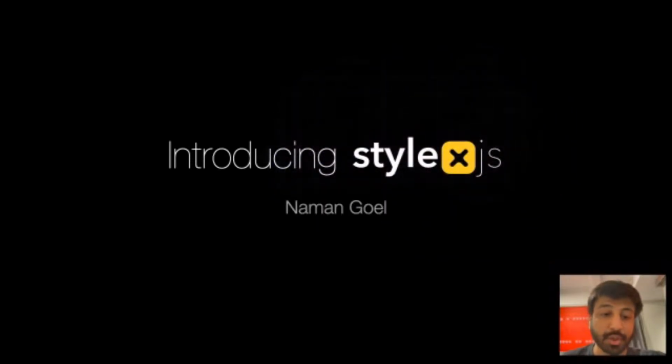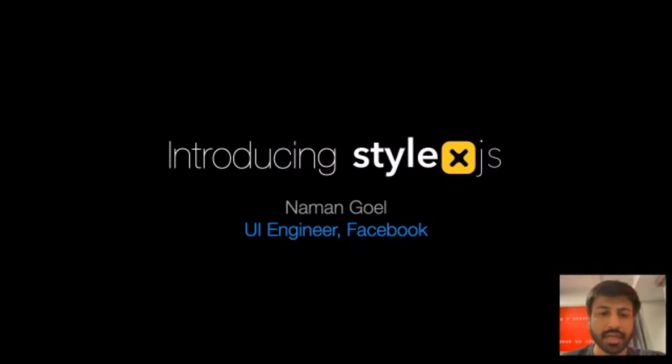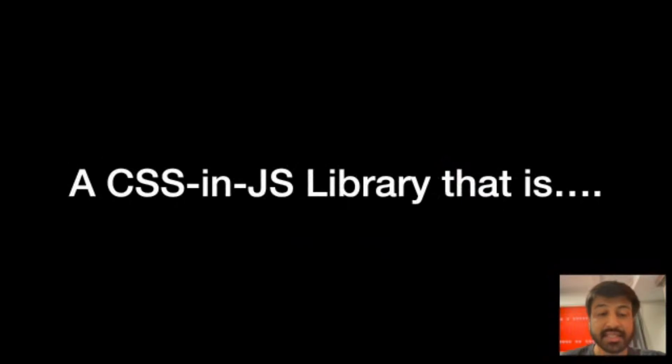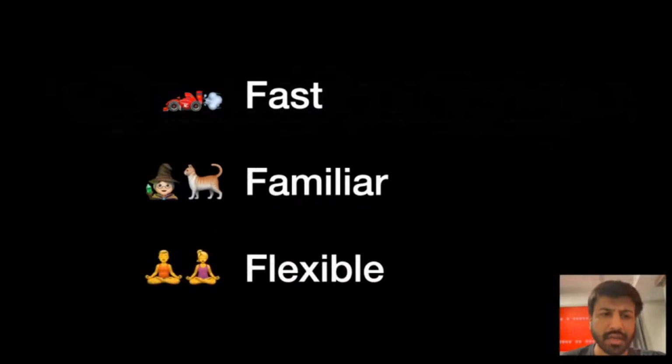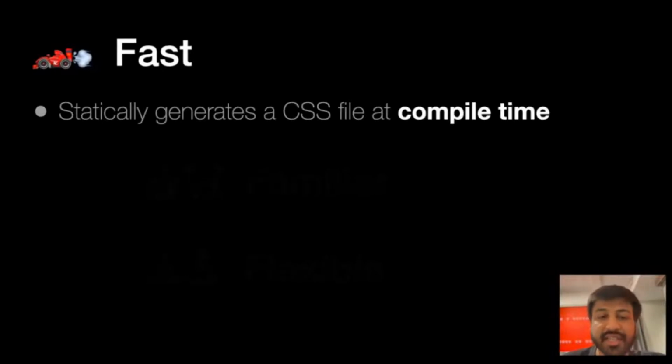My name is Naman Goyal, and I'm a UI engineer at Facebook. So, what is Stylexjs? Stylex is a CSS-in-JS library that is fast, familiar, and flexible. Let's look into what that means. Stylex is fast as it statically generates a CSS file at compile time.